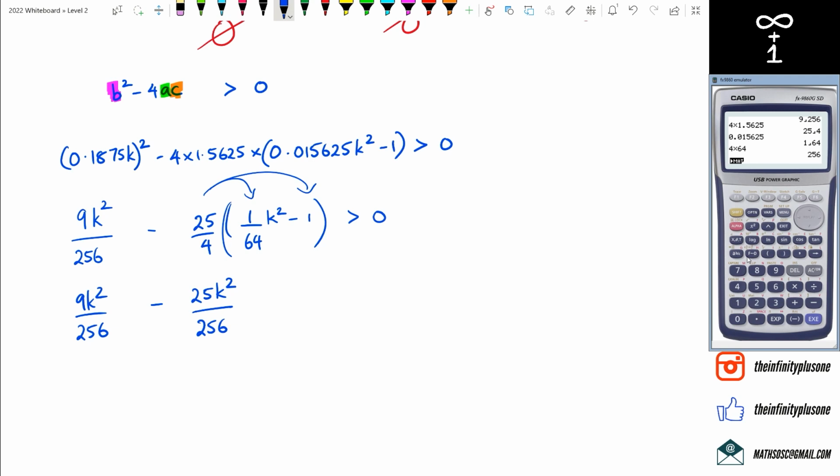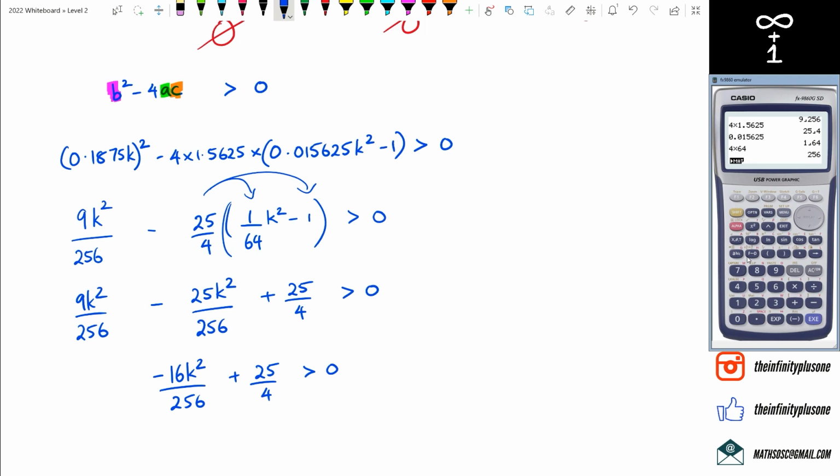So negative times negative is positive 25 over 4, and all of this is greater than 0. Let's rearrange this and hope it works out, because it's going to be super annoying if it doesn't. So 9 minus 25 is negative 16k squared over 256, plus 25 over 4 is greater than 0.